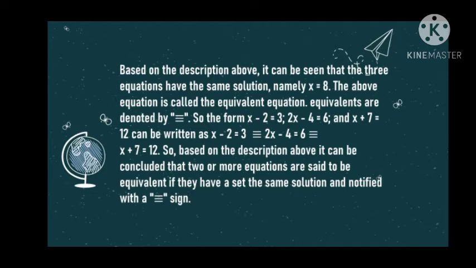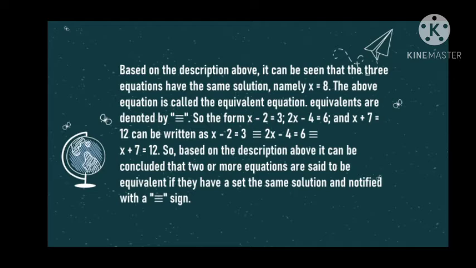So the forms x minus 2 equals 3, 2x minus 4 equals 6, and x plus 7 equals 12 can be written as x minus 2 equals 3 equivalent to 2x minus 4 equals 6 equivalent to x plus 7 equals 12.